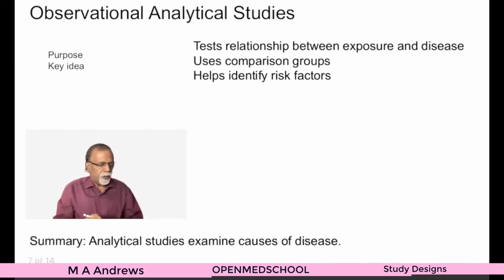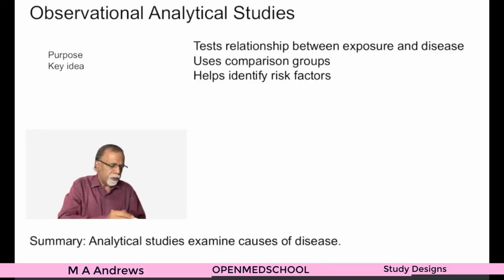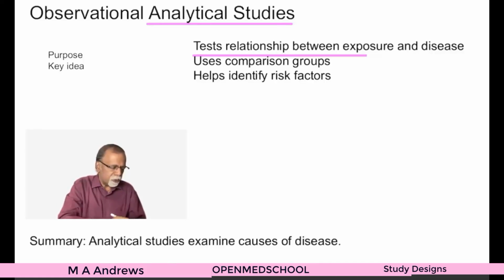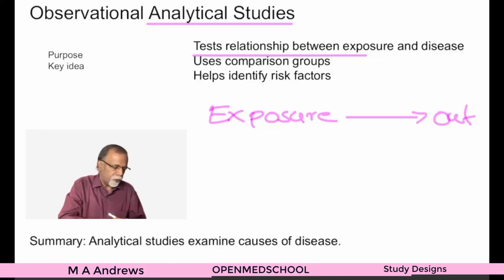So now we are going into the types of analytical studies. That is observational, but there is some analysis. Here you are testing the relationship between exposure and disease. That is important. You are analyzing the relationship between exposure and the outcome. So usually there are two groups, so there will be a comparison group.